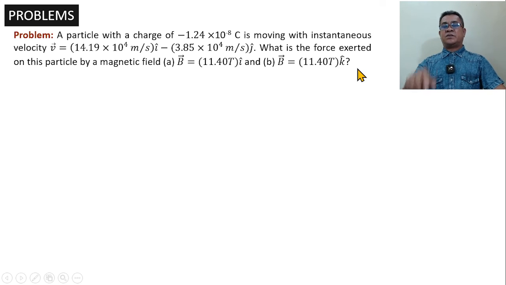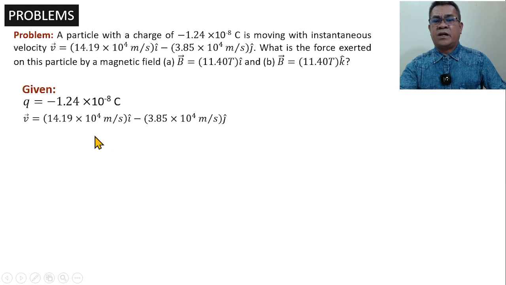So there are two answers. You have to answer letter A separately with this magnetic field directed towards x, and the velocity is given, and we have the charge. So this is actually a matter of direct substitution. In letter B, almost the same process, except that we have this k hat.